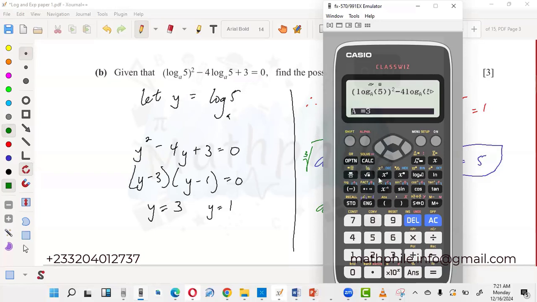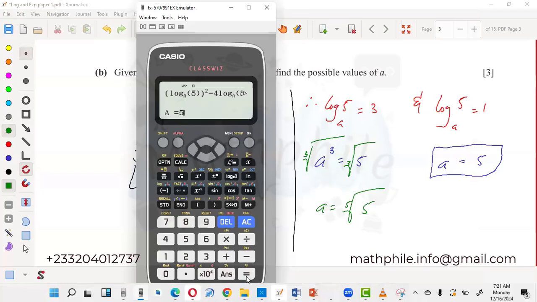So when a is equal to 5, the answer is 0. So we are correct. Calc again, when a is equal to, oh, this cubic root, not fifth root, so cubic root of 5. That is also 0. So both answers are correct.